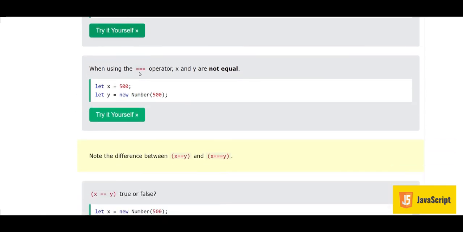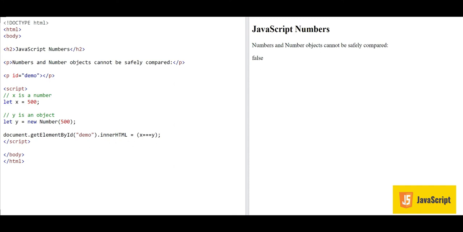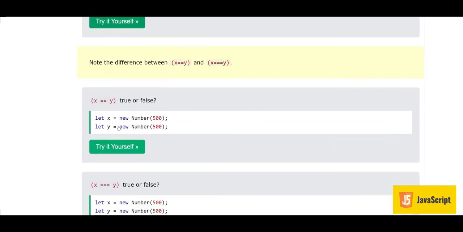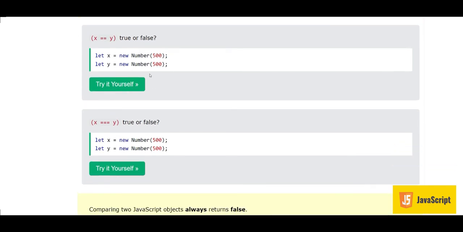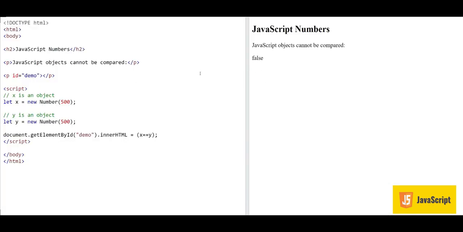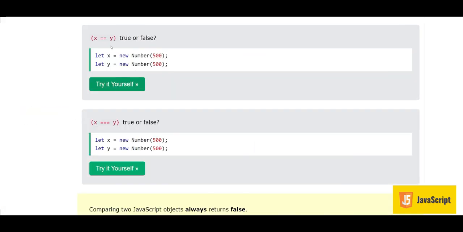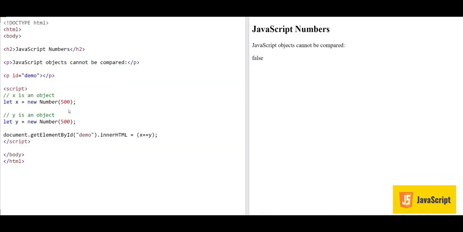When using the strict equality operator, x and y are not equal, right? So why is that? Here the answer is false because of the difference between these two operators, equal and strict equal, true or false. Here we have both objects.